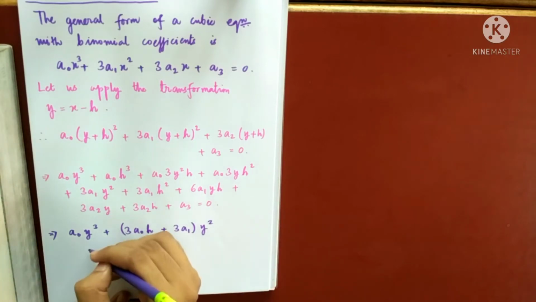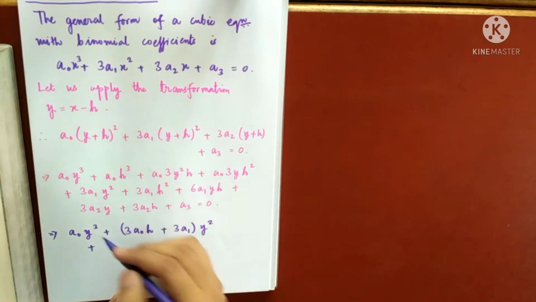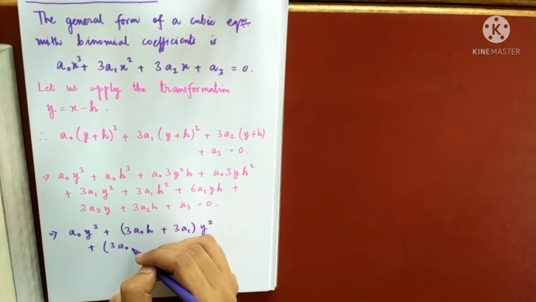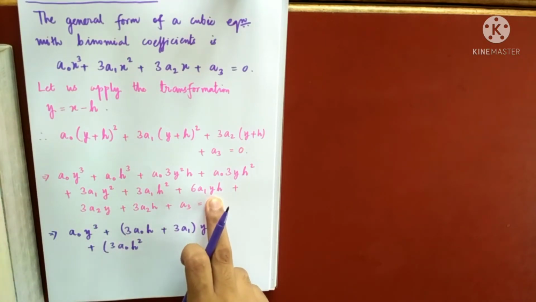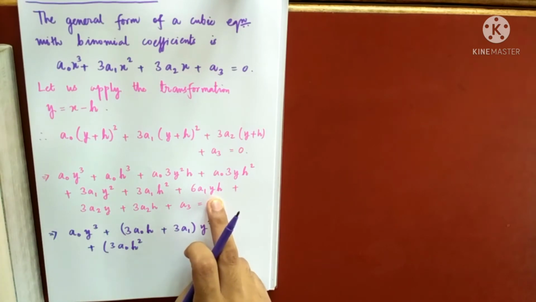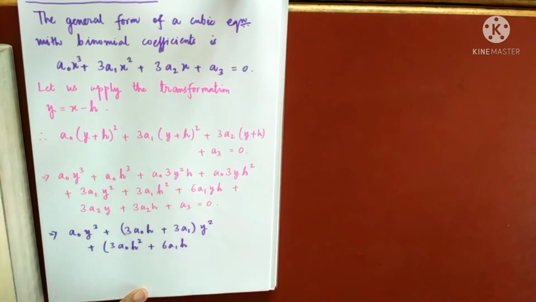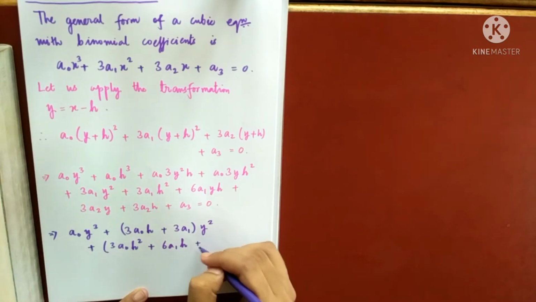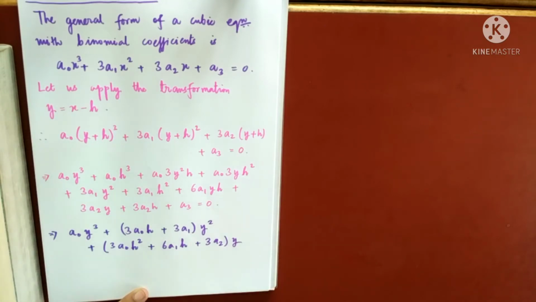Plus, let's take y together. So how many y's are there? Here I can see 3a0 h square y, and y is here also, plus 6a1 h y, and here is also y, plus 3a2 y.